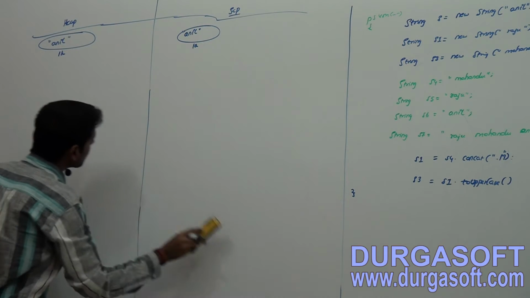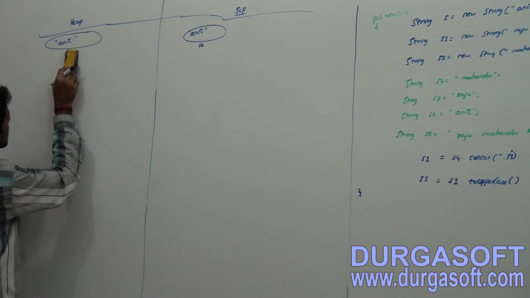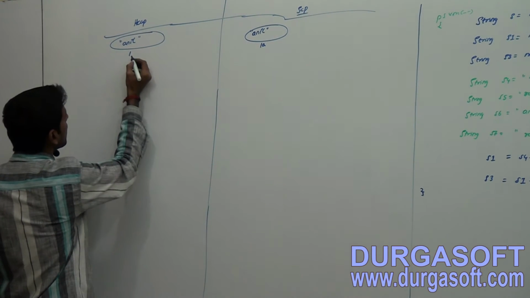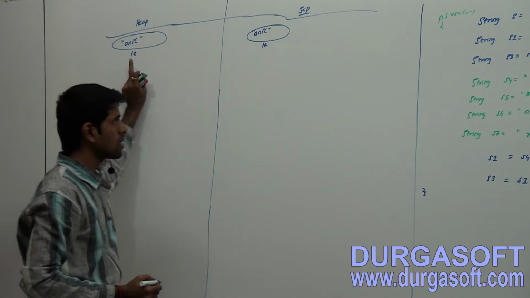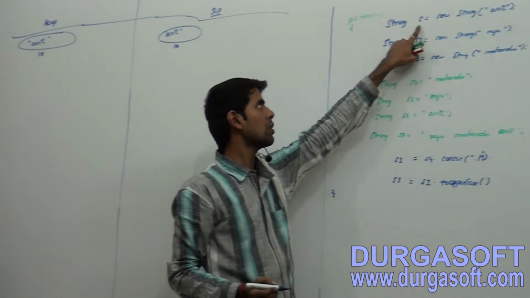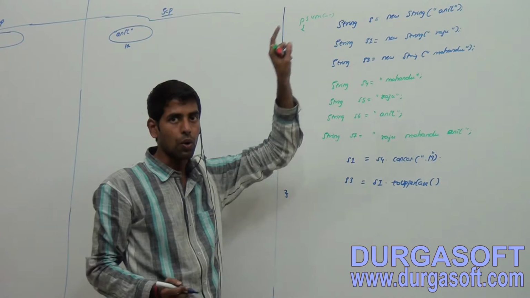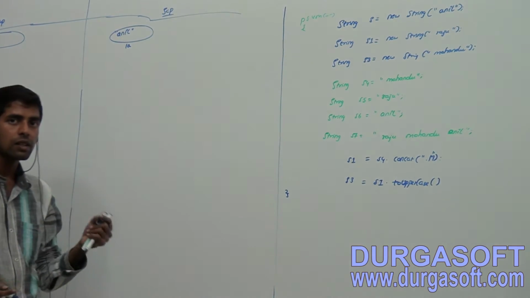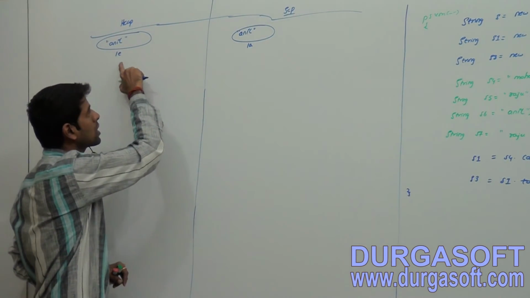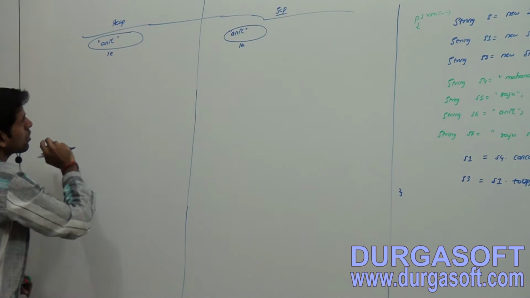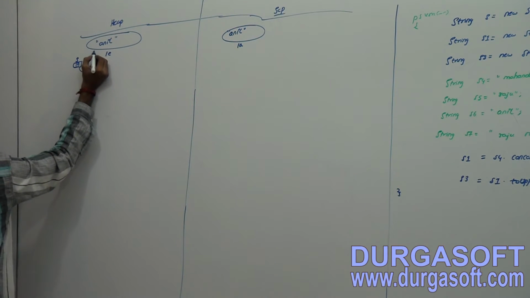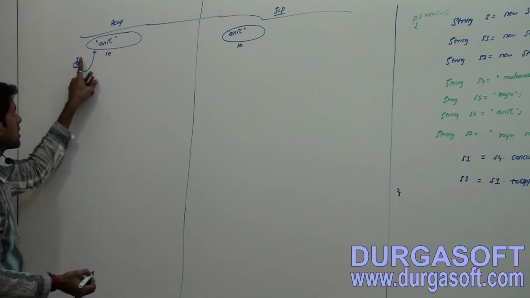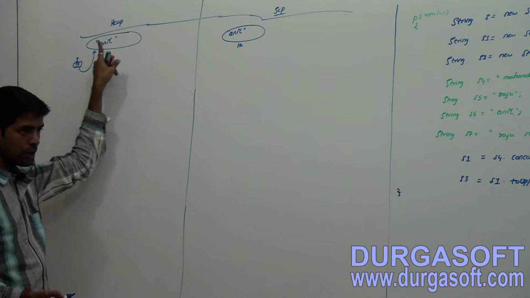No, h is not within the range of hexadecimal. Let it be 1e. Now this reference variable will contain which object's reference value, this object or this object? This object only. So s will contain 1e. That is, s is referring to this object.